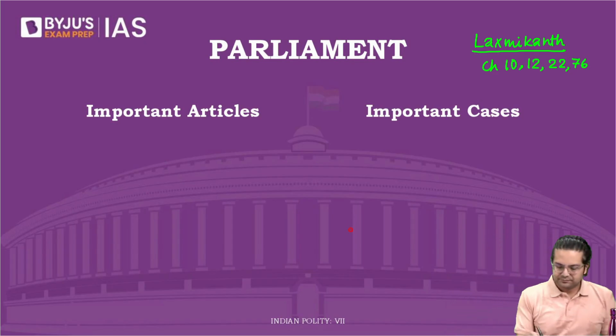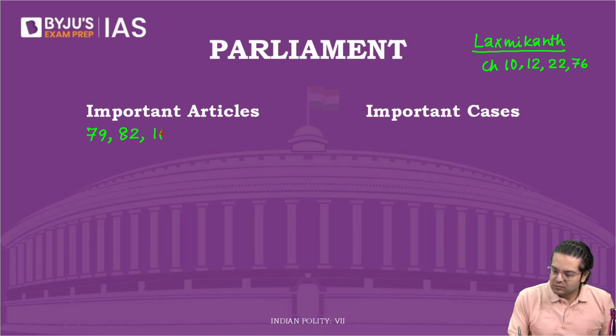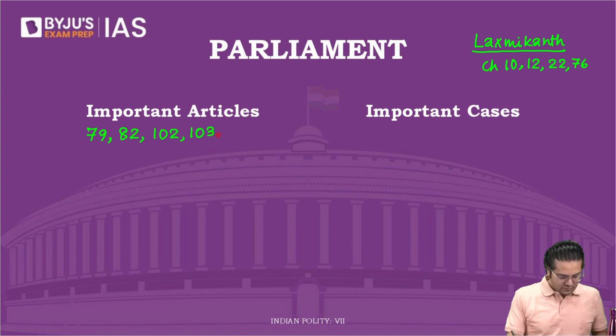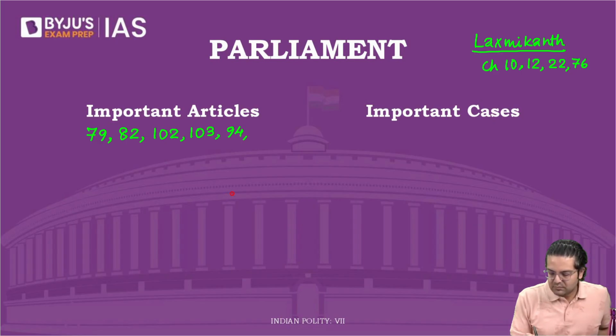Now important articles: 79, 82, 102, 103, then 94 for the speaker. Then 249, 312, 368.